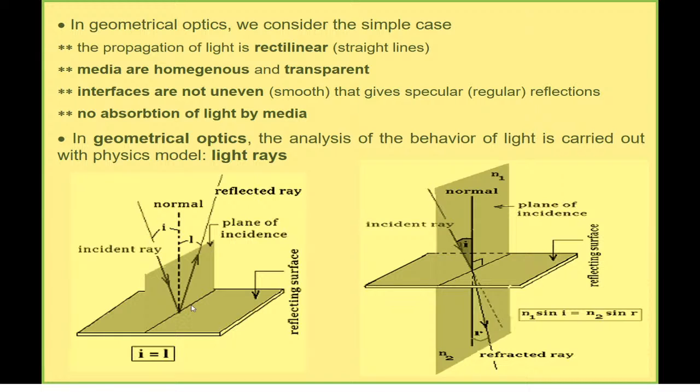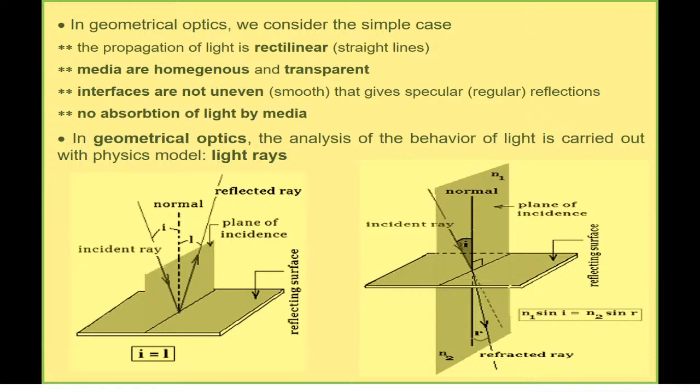In geometrical optics, we consider the simple case. The propagation of light is in straight lines if media are homogeneous and transparent. Interfaces are not uneven, so these interfaces are smooth. That gives specular, regular reflections.